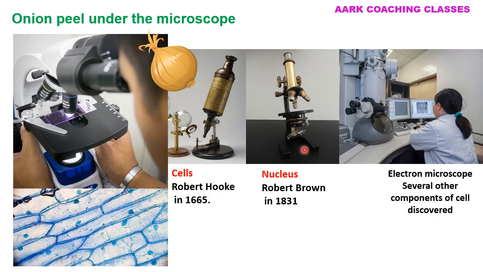Nowadays, you have electron microscopes, so you can magnify up to several lakh times, and because of the discovery of the electron microscope, several other components of the cell were discovered. The cell functions because of several components present inside it, and these components may not be visible very clearly using these kinds of microscopes, but they are very clearly visible using advanced microscopes like electron microscopes, right?